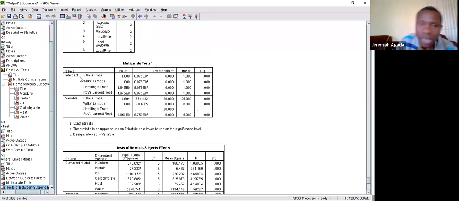At the end of the day, is there a significant difference across all the various variables that I just tested? Most times, the Wilks' lambda is said to be near accurate. My level of significance is 0.00. In this case, there is a significant difference among all. I just did a grand check.